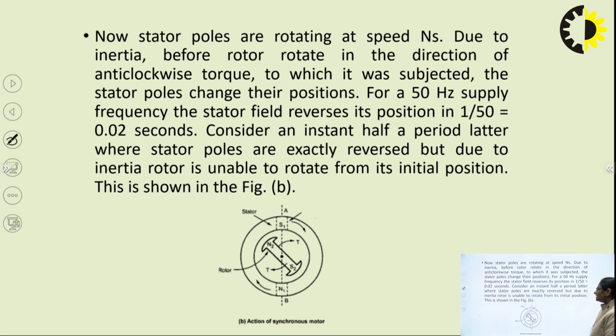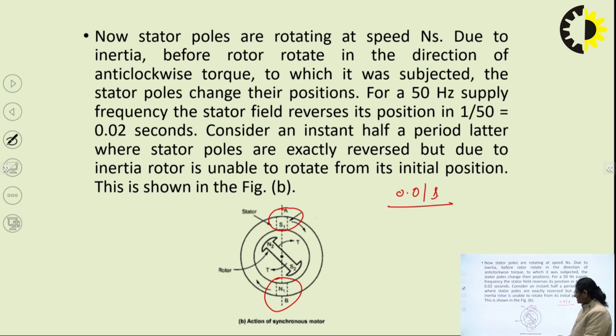Now, the stator poles are still rotating at the ns speed. After 0.01 second, the stator poles will attain this position. Now, S1's position is here at A and N1's position is here at B.